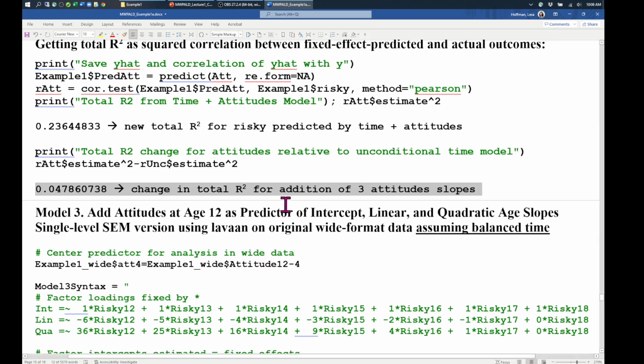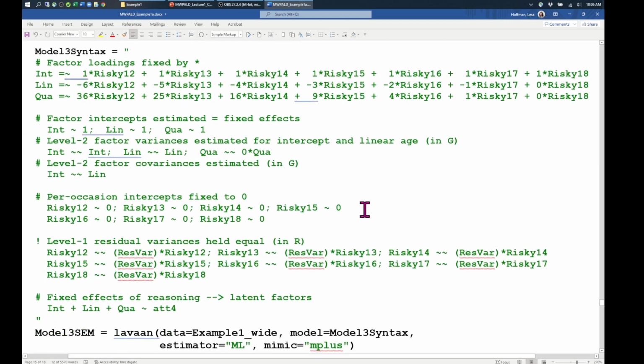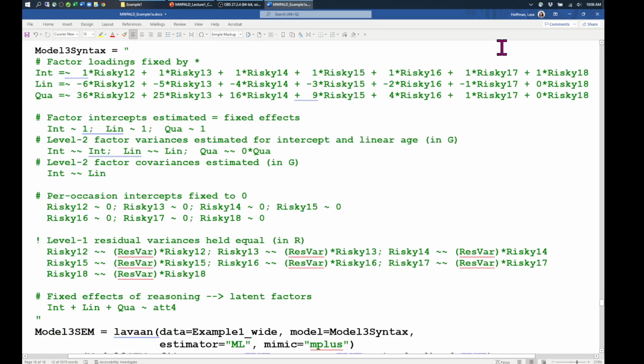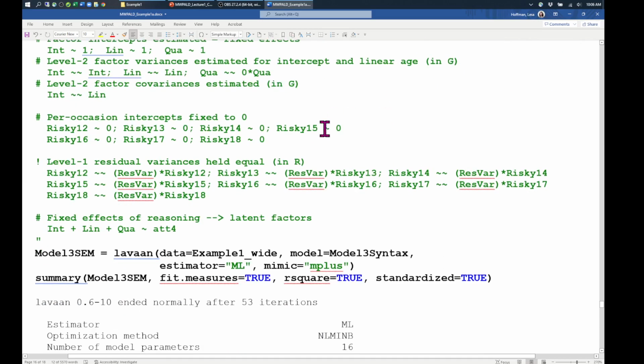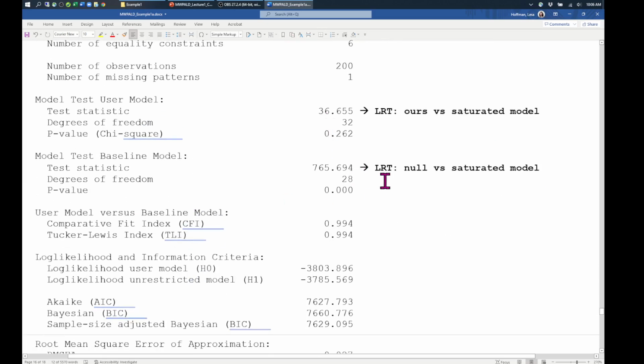Ta-da! And here's the same model in lavaan. I have a couple typos in here that I need to fix, and I will repost that stuff once it's fixed, but otherwise, here's the output that we get from that. The model fits quite well, as I expect, since I made up the data.